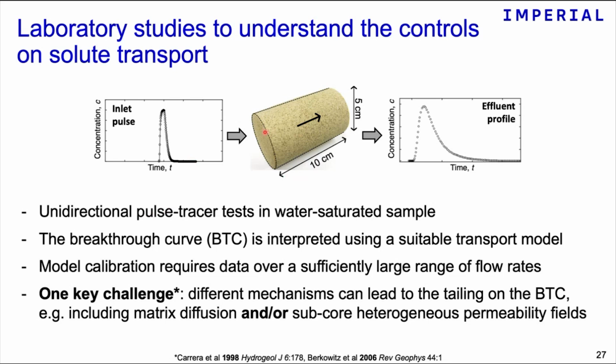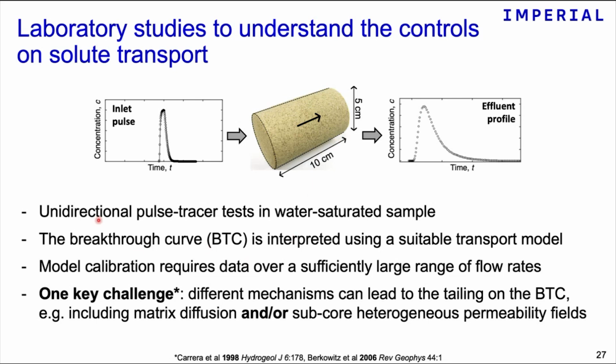So the way you typically characterize solute transport in this system is by performing tracer tests. So you have your sample completely saturated with water, and you inject a tracer of a substance that you want to monitor, typically a pulse, and you monitor the effluent profile in terms of concentration of the tracer. And actually, the shape of this curve contains all the information of the different mechanisms that take place within the sample in terms of effects that might come from heterogeneities and so on, right?